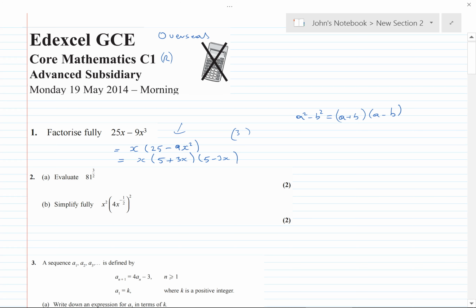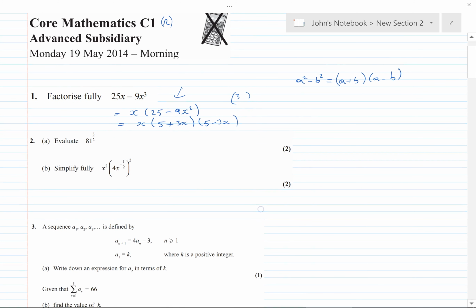Okay, on to the second question. 81 to the 3 over 2 is the same as, now we can either do the square root of 81 and cube it, or perhaps less sensibly, we could cube the 81 and then square root that.